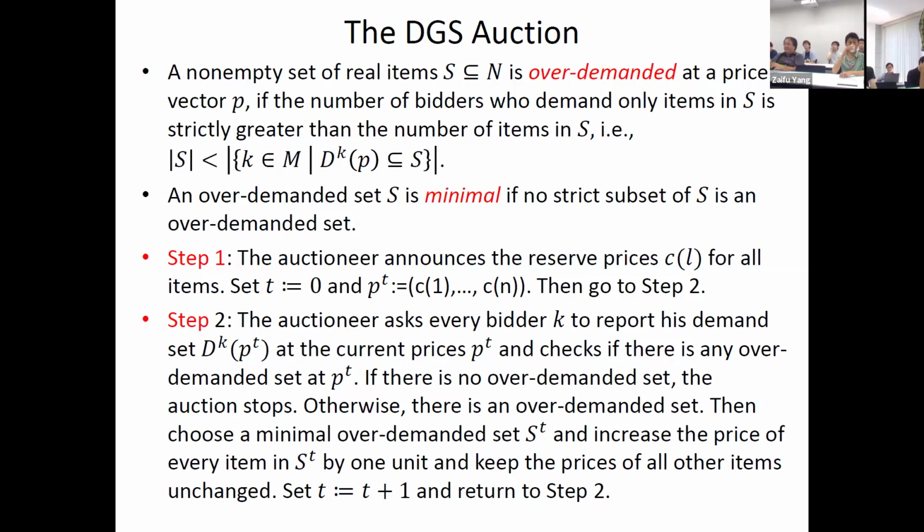There are many variants of this auction. If you have found several over-demanded sets, you can also take the union or make various operations to speed up the convergence of the auction. But here we just take the original version of Demange-Gale-Sotomayor.